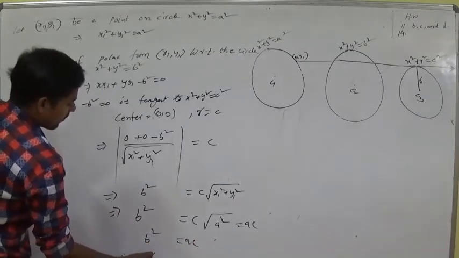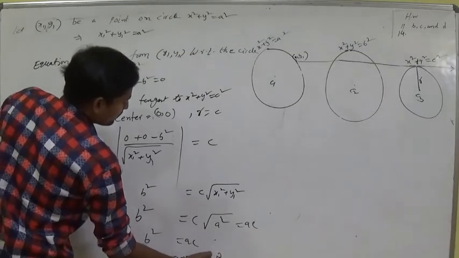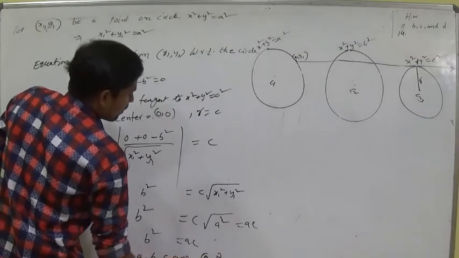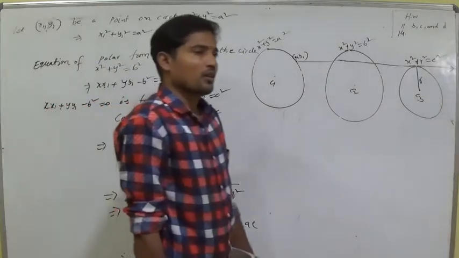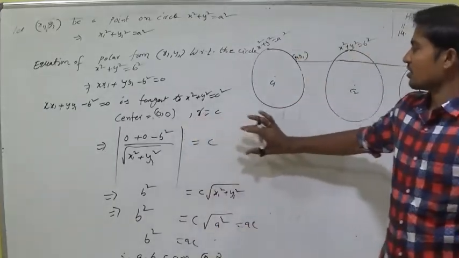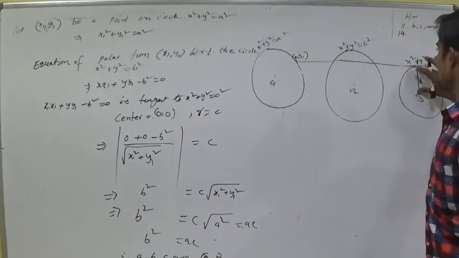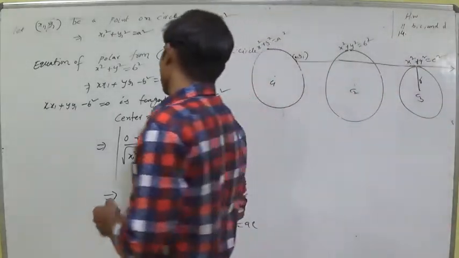Therefore, a, b, c are in GP, geometric progression. The geometric mean is AC. Understand? So see once here, the perpendicular distance from the center to that line is called the radius.